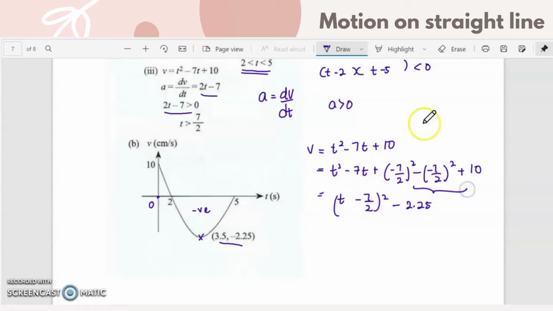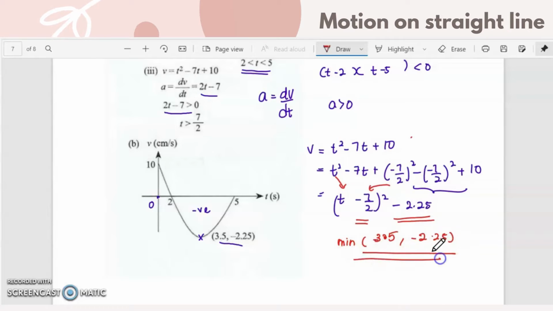From this expression, we get the value for the minimum point. So the minimum point is t equals 3.5, and the v coordinate is negative 2.25.